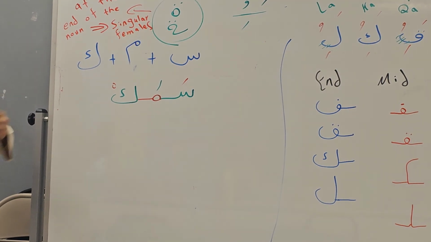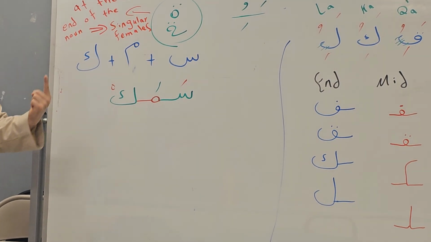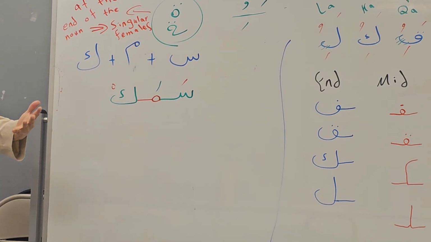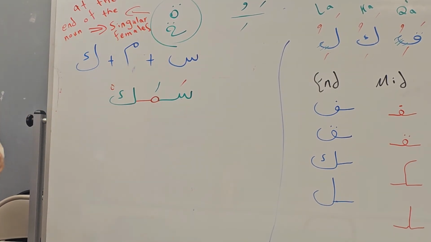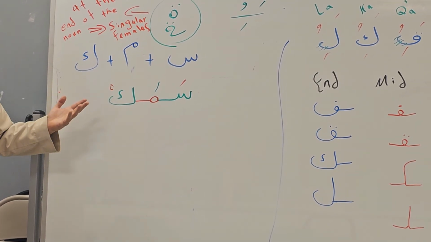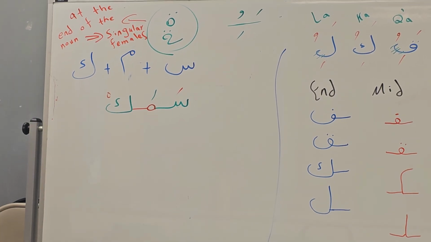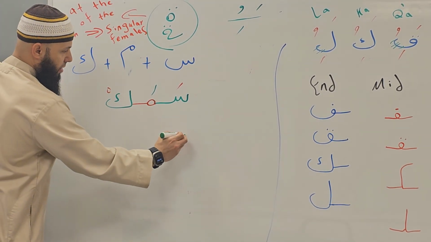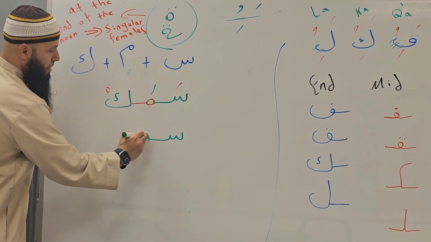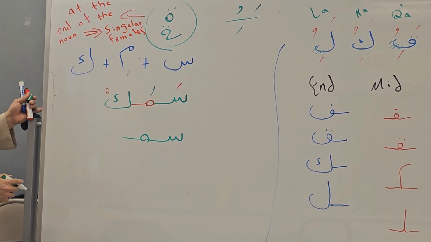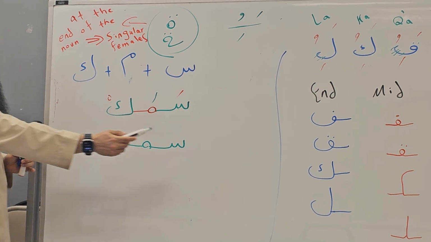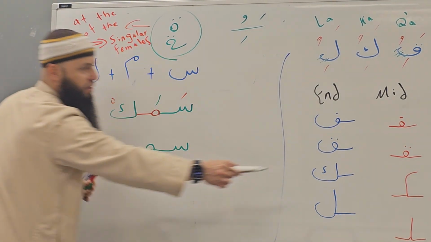So to make a singular or one fish only, you have to use it in a female form. So it's going to be female. What are we going to do? It will be sa, same thing, and then ma, and then the ka, because it's not the end of the word, it's the middle, right?